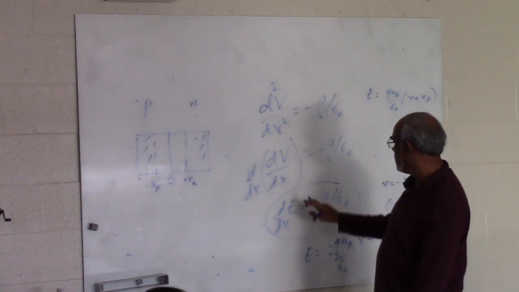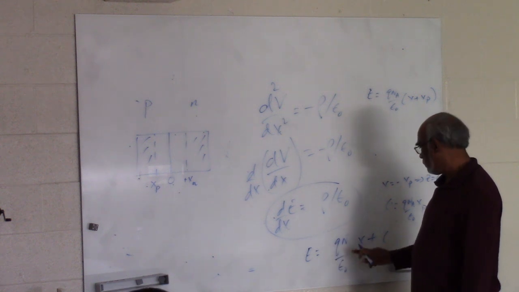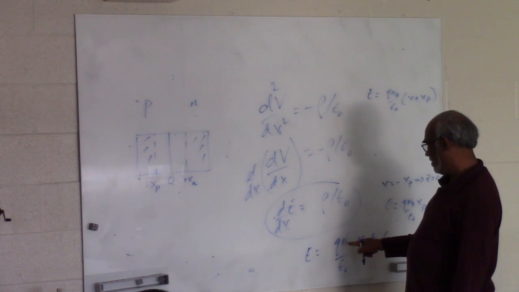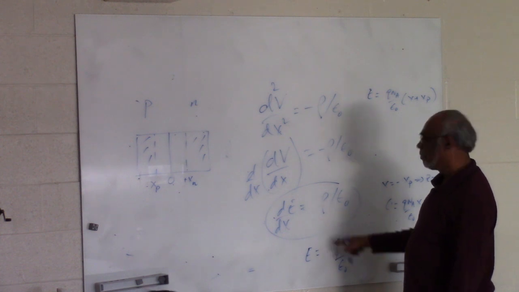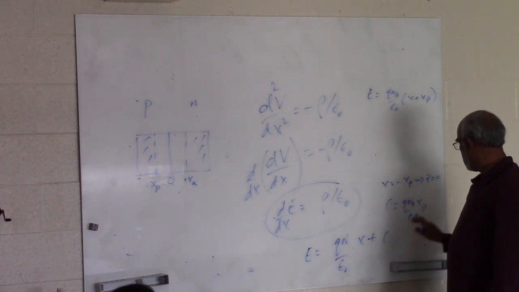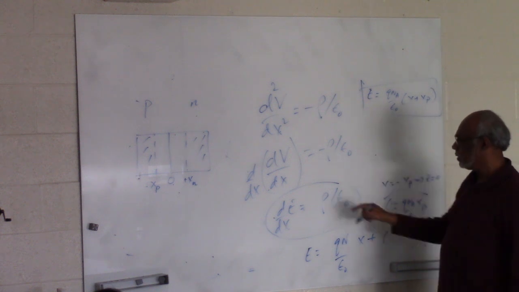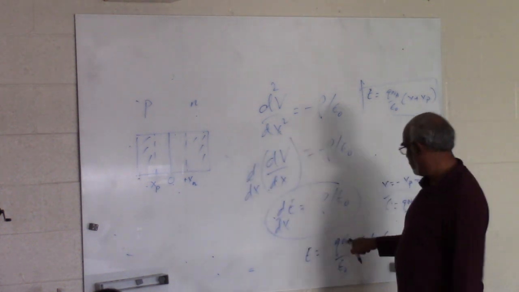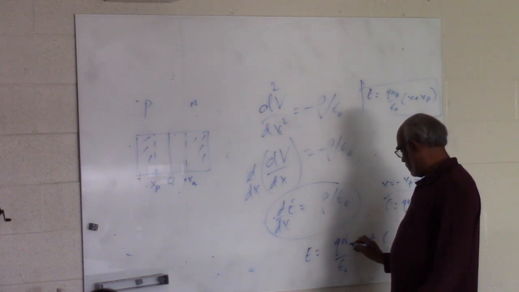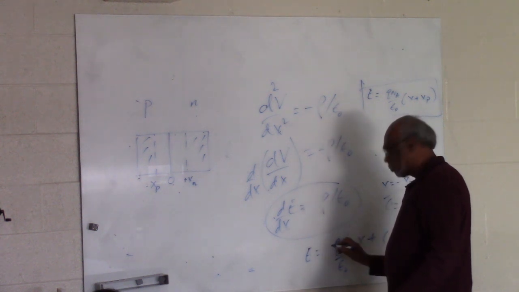Same thing you can do for the right hand side. I calculate in the positive side, so on the right hand side this is Nd, and that is positive.